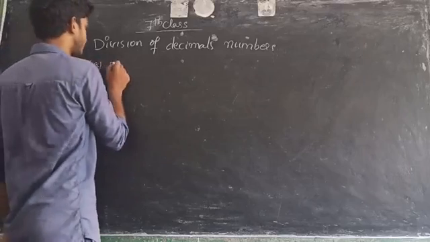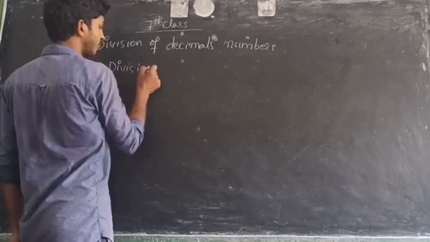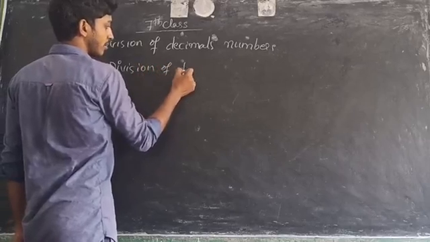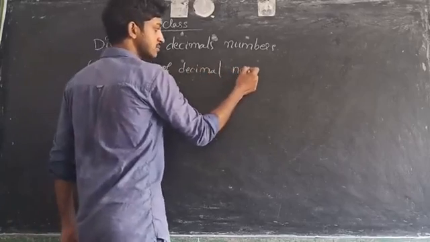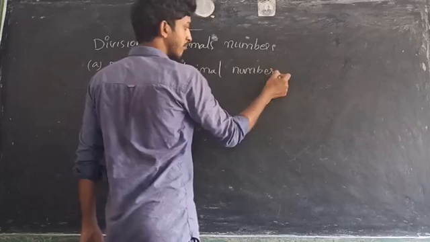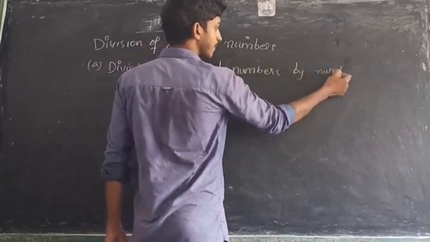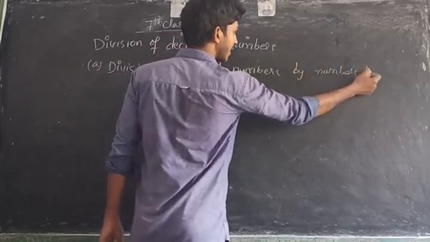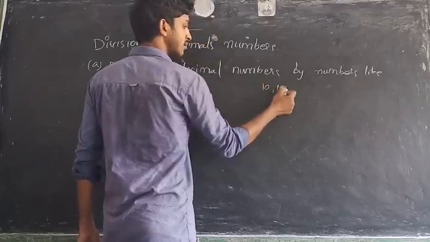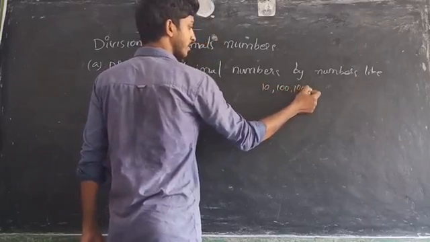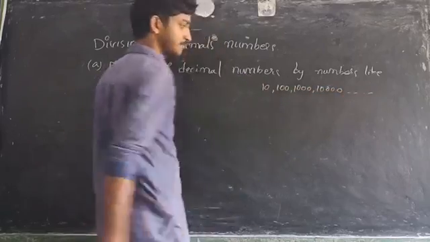The first one is division of decimal numbers by numbers like 10, 100, 1000 and 10,000, and so on.